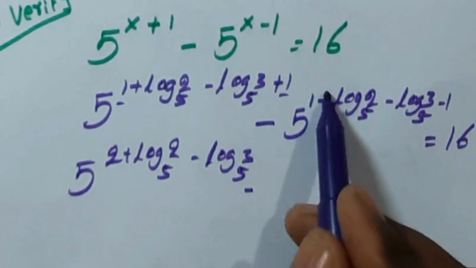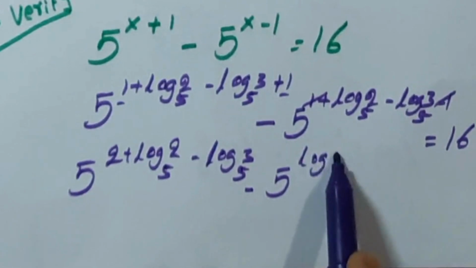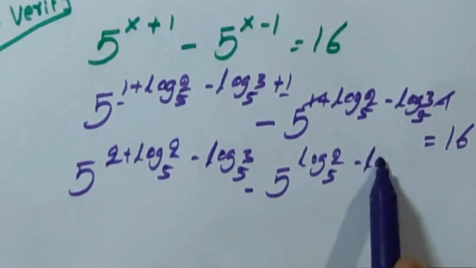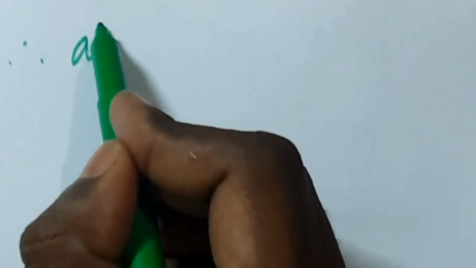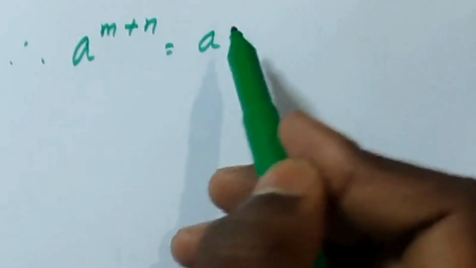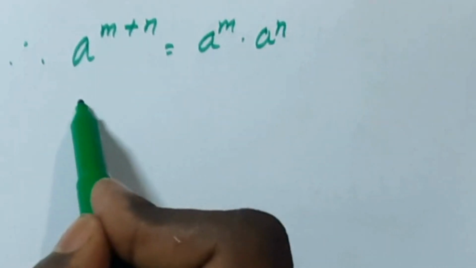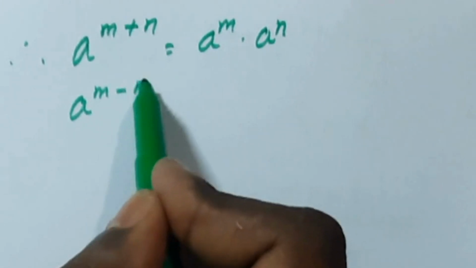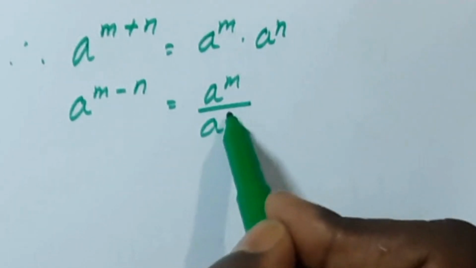So minus this one cancels this. So we have 5 power log 2 base 5 minus log 3 base 5 equal to 16. Therefore, we know that a power m plus n equal to a power m into a power n. Also, a power m minus n equal to a power m by a power n.